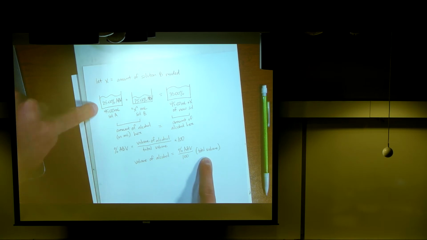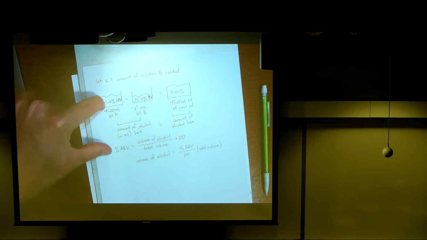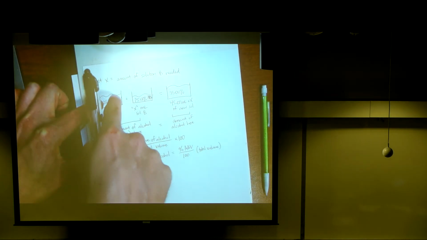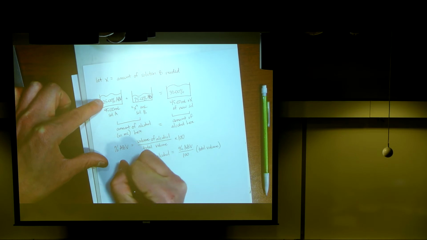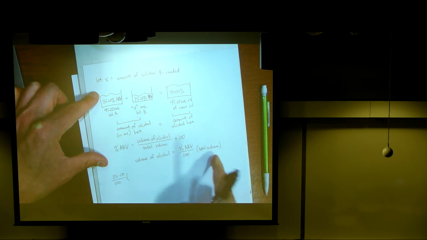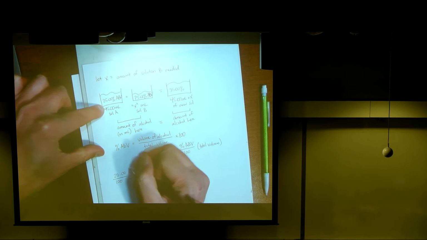Okay, so how about we start here with our original 45 milliliters of solution A. Solution A is 25% ABV. So the amount of alcohol contained there is 25, that's our percentage, divided by 100, and then multiplied by our total volume, which is 45 milliliters.